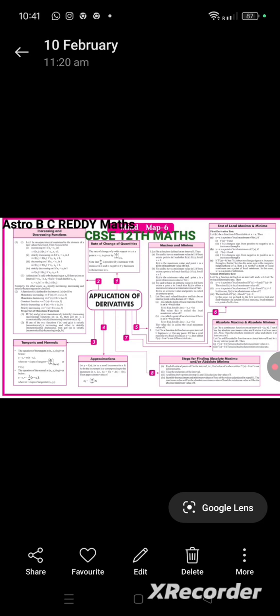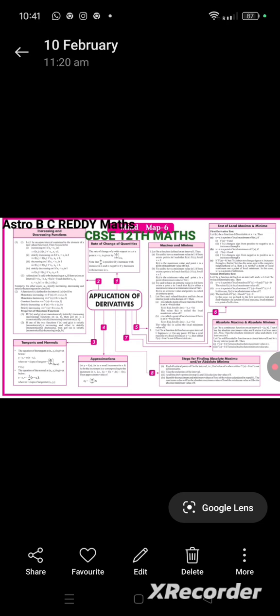If one of the two functions, f of x and g of x, is strictly monotonically increasing and the other is strictly monotonically decreasing, then g of f of x is strictly monotonically decreasing on a, b.